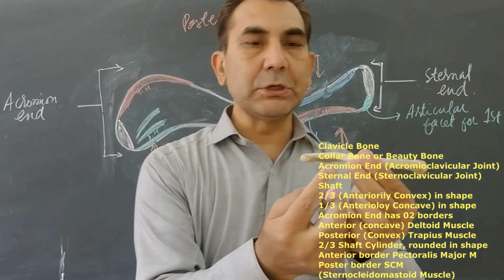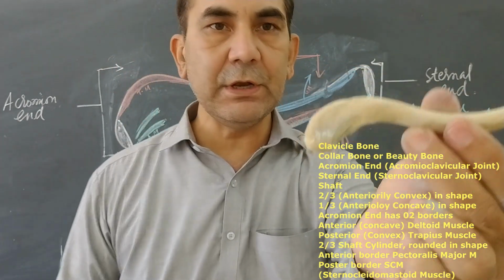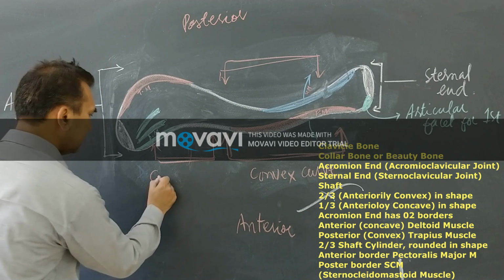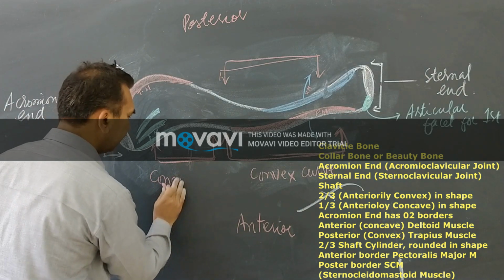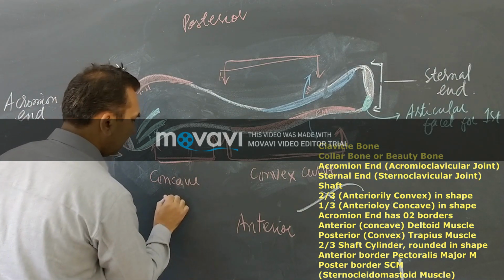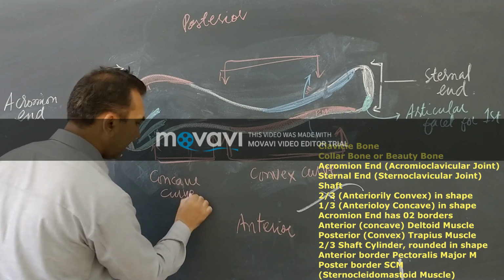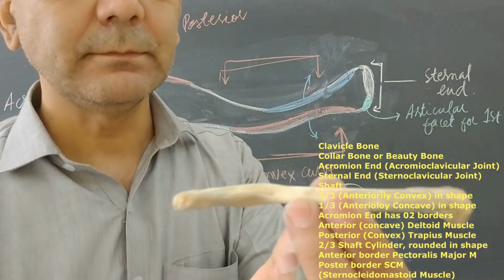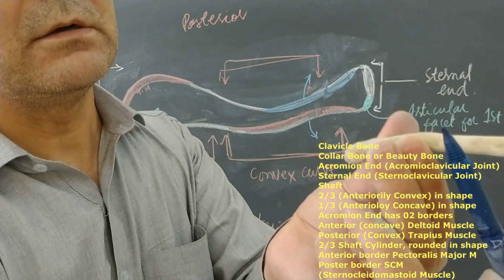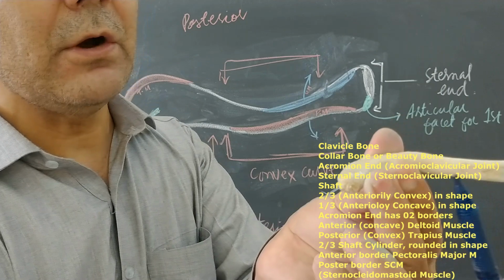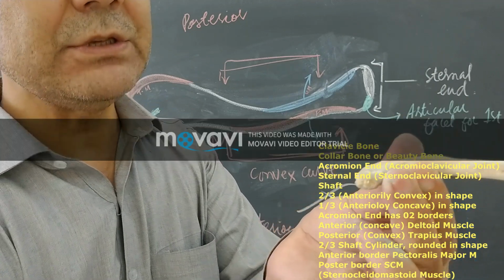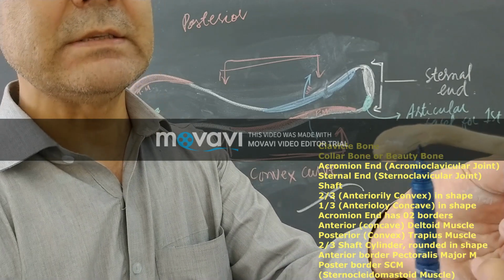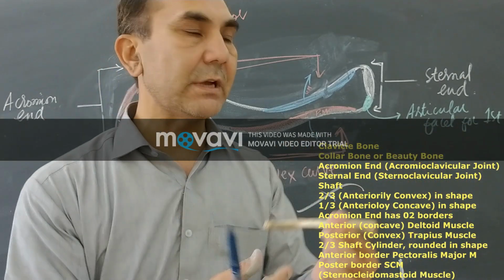And the one-third from the anterior side, this one, the one-third portion, is a concave curve. If you see over here, the two-thirds of the clavicle is convex in shape, and one-third of the clavicle bone is concave in shape from the anterior side.